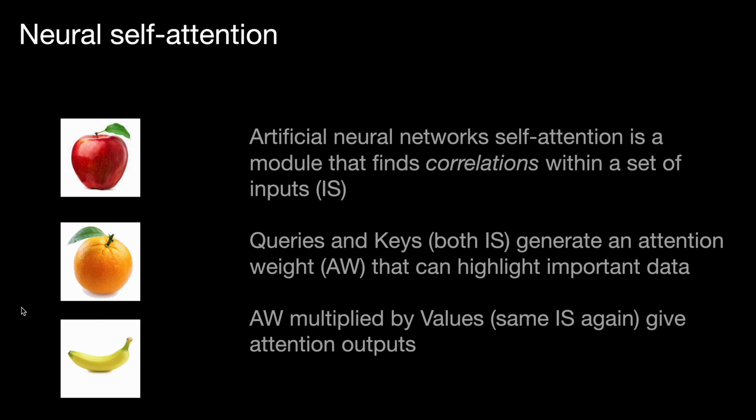And we're going to use word queries and keys, which are both copies, slightly different, maybe modified by a neural network, that can combine together to generate an attention weight that can highlight important data. For example, if I want to find out what "it" refers to, I have to look at it in the whole sequence context. So it could be like a key. Then I have to go back to the query, the entire sentence, and generate a map of the most important attention components.